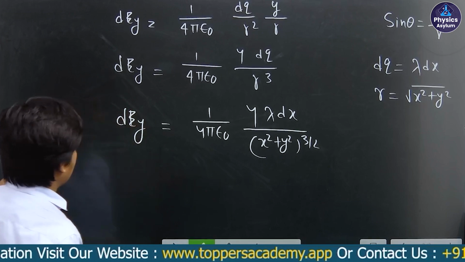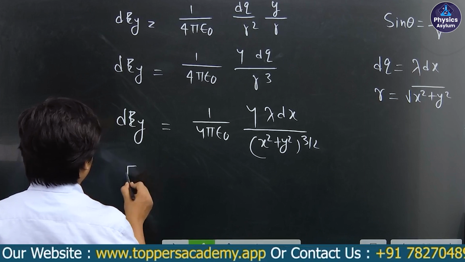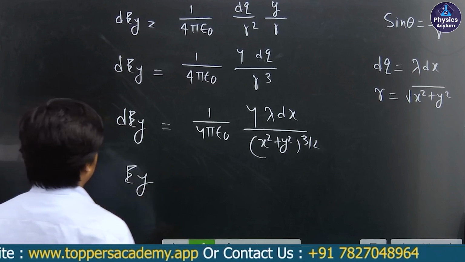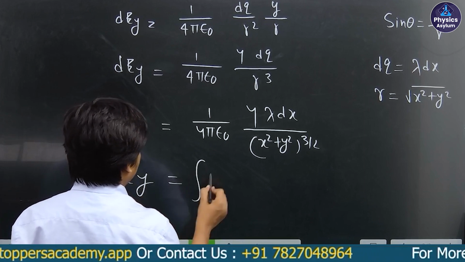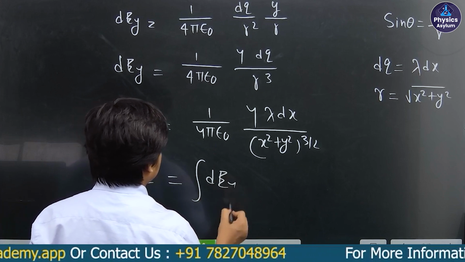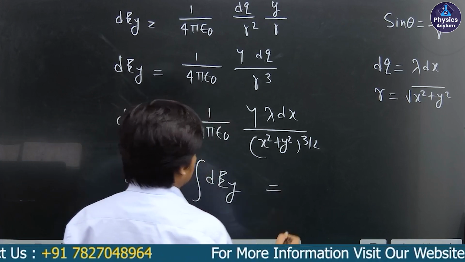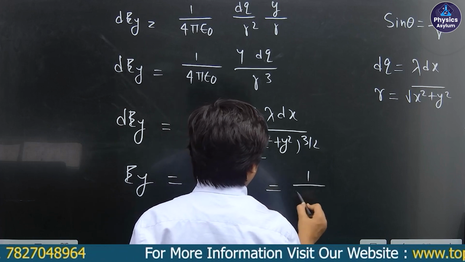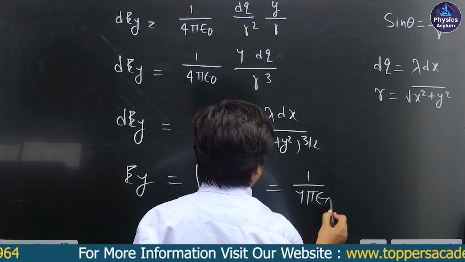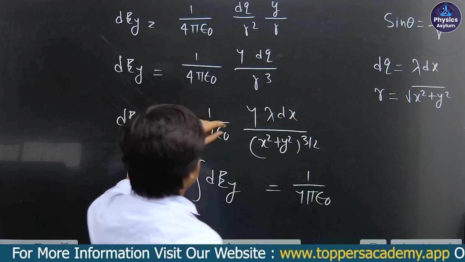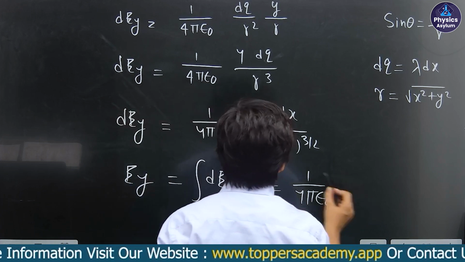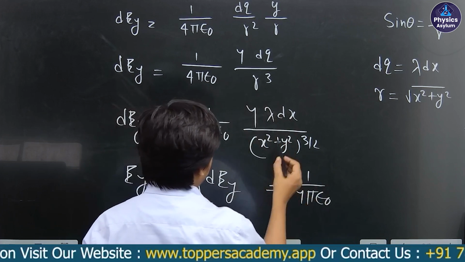Now if I want to find out the total electric field in the y direction due to the uniformly charged rod, that will be equal to 1 over 4 pi epsilon naught, which is a constant. y is also a constant, so I can take it outside, and lambda is also a constant.